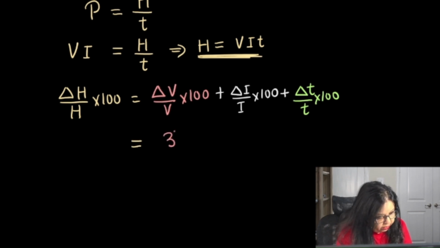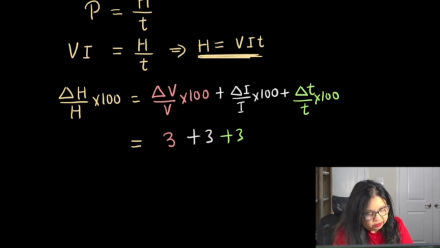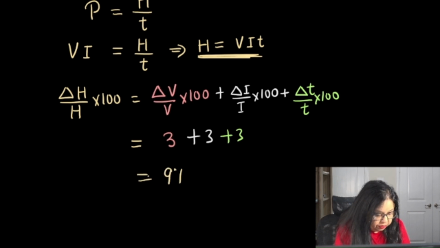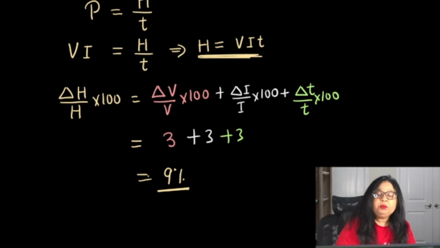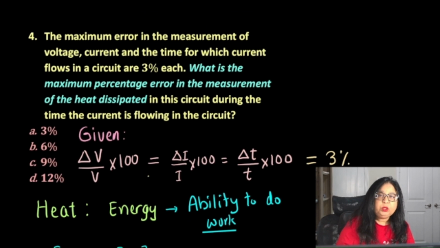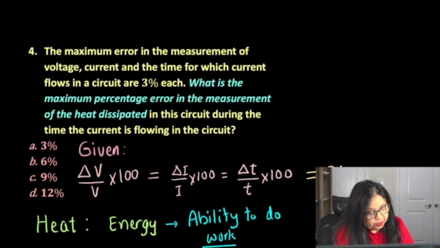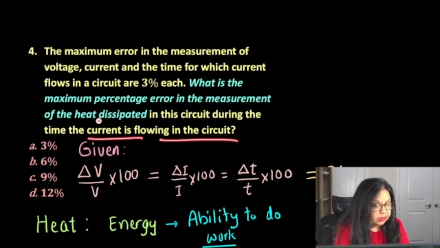So 3 plus 3 plus 3. What does this give us? 9%. So there's 9% error in the measurement of the heat dissipated in the circuit for the time during which the current is flowing in the circuit.